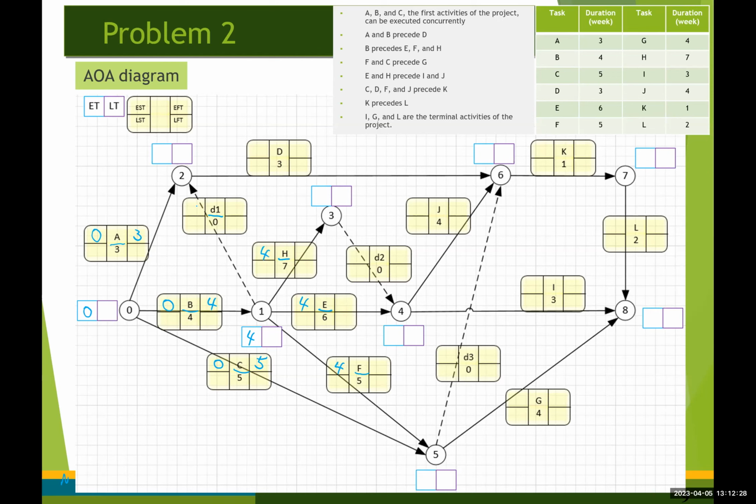Like that. 4 plus 0, 4, 4 plus 7, 11, 4 plus 6, 10, 4 plus 5, 9, right? Okay, now we are ready to determine the earliest time for event number 2. That's the completion time for both activities A and D1, dummy activity 1. So we are going to take the larger value between 3 and 4. So that's going to be 4 up here.